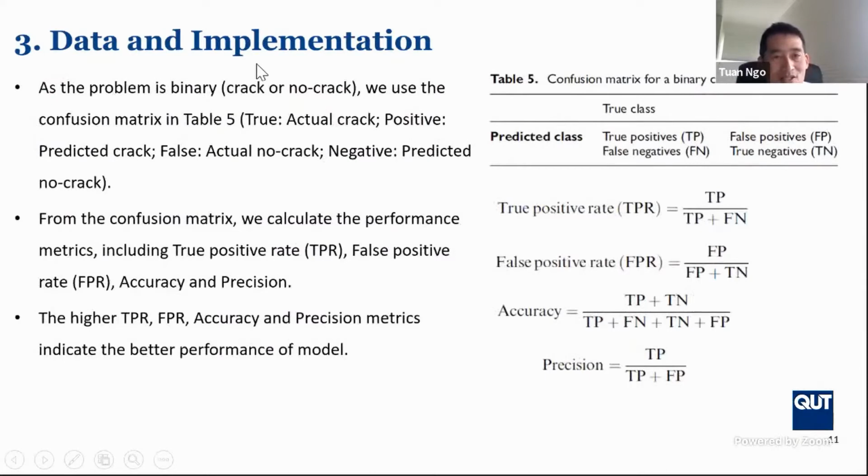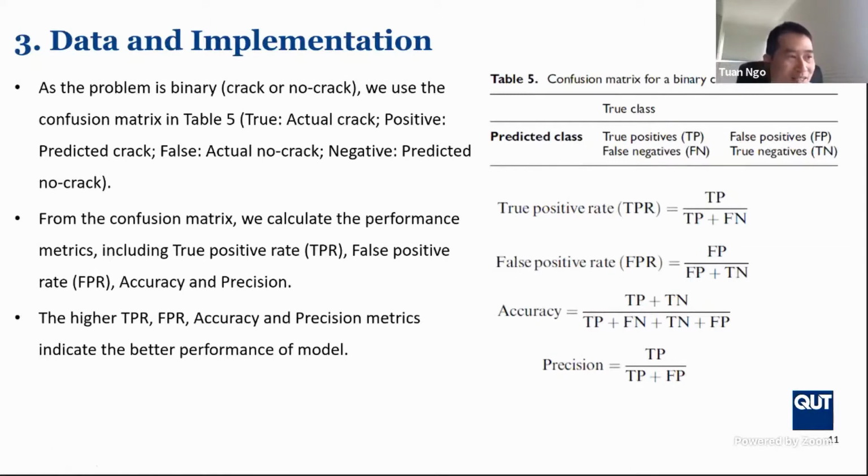And for the implementation, we really need to train the model and use some performance metrics to evaluate its performance. So how do we do that? In this case, we use a metric called the confusion matrix, and it provides information about whether the model is a true positive or false positive. So there are different classifications here.